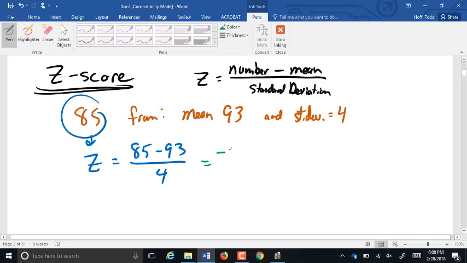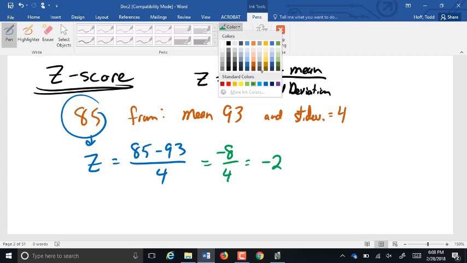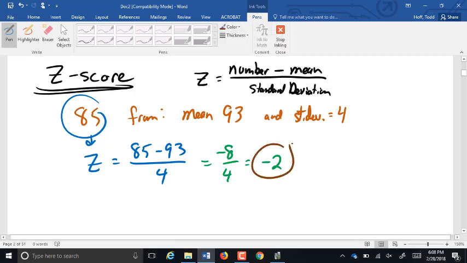Well, 85 minus 93 is negative 8, divided by 4 is negative 2. The z-score is negative 2. What that means, the negative means that it is below the mean, less than the mean. So negative 2 is the number of standard deviations. So that is saying this is 2 standard deviations below the mean.